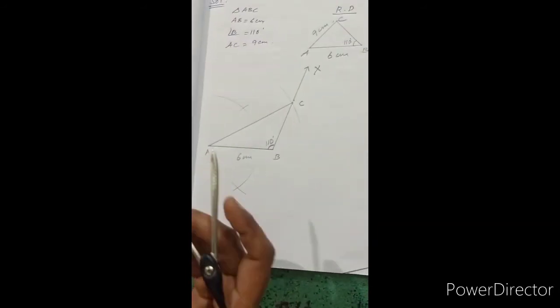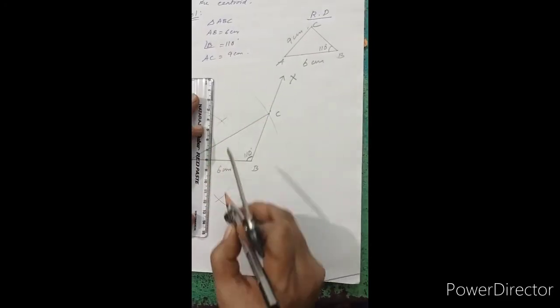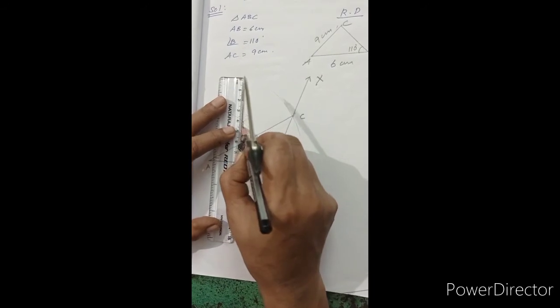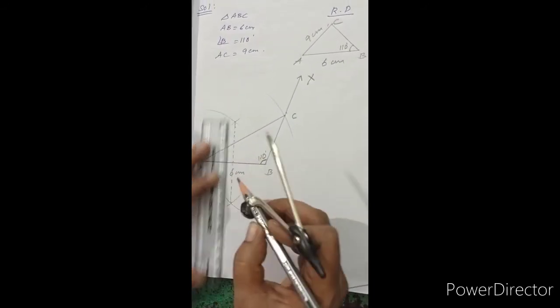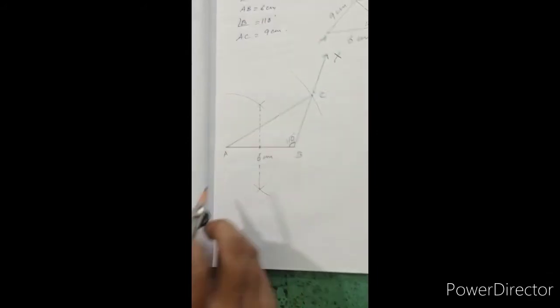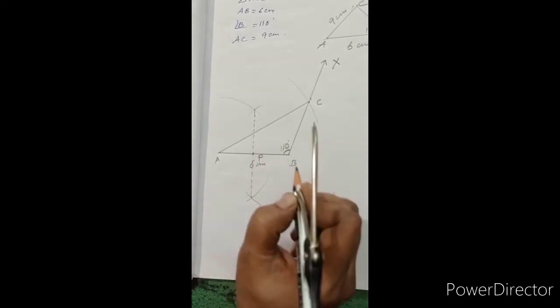Draw one more arcs. Now join these intersecting points by dotted lines. This is midpoint of AB, denoted by letter P.